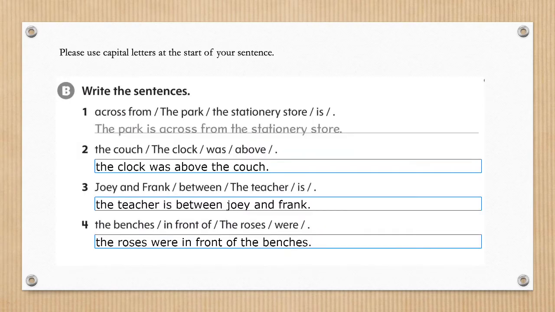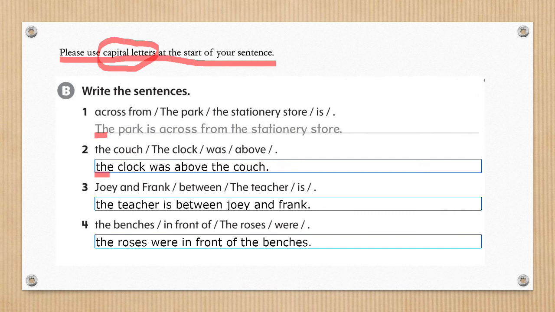These are the answers for activity B. Again, students, please use capital letters at the start of your sentence. Capital letters are big letters, like this one, a big T, not a small t. My computer did not let me type in capital letters. I am very sorry.